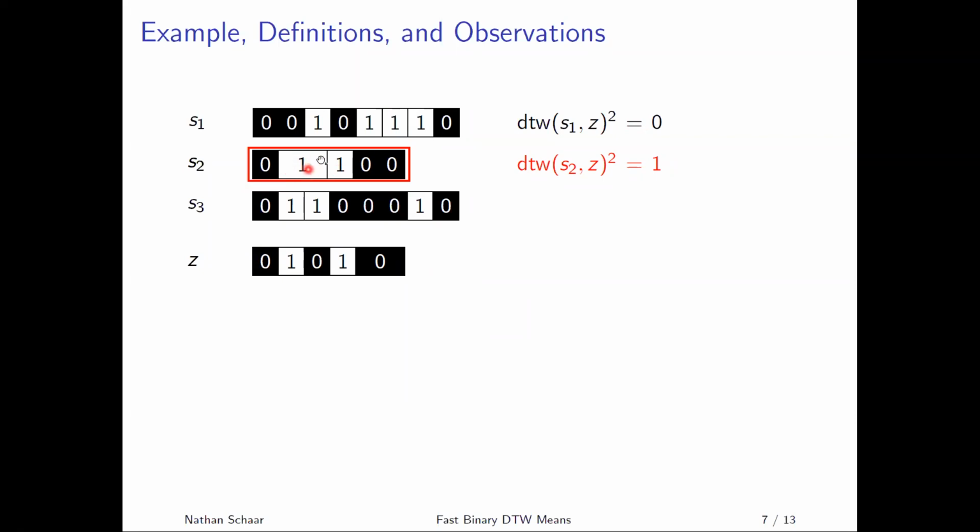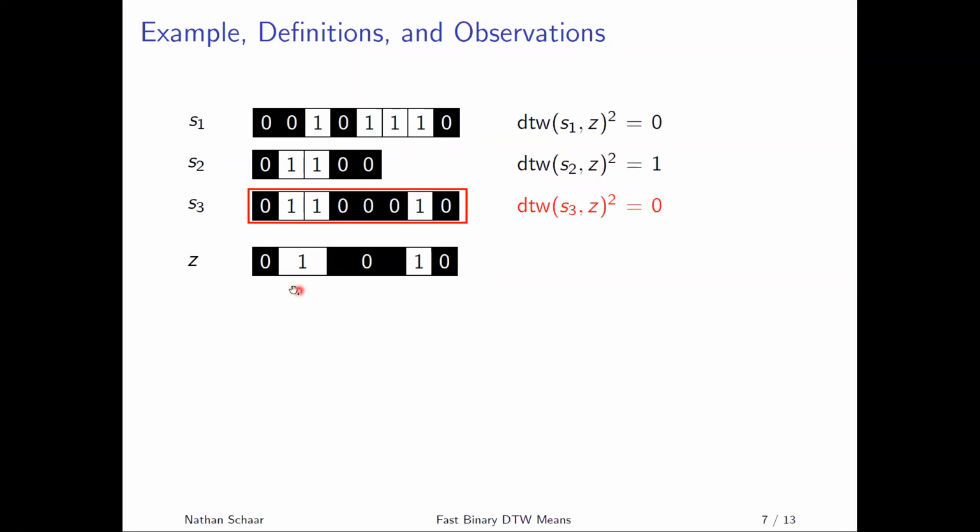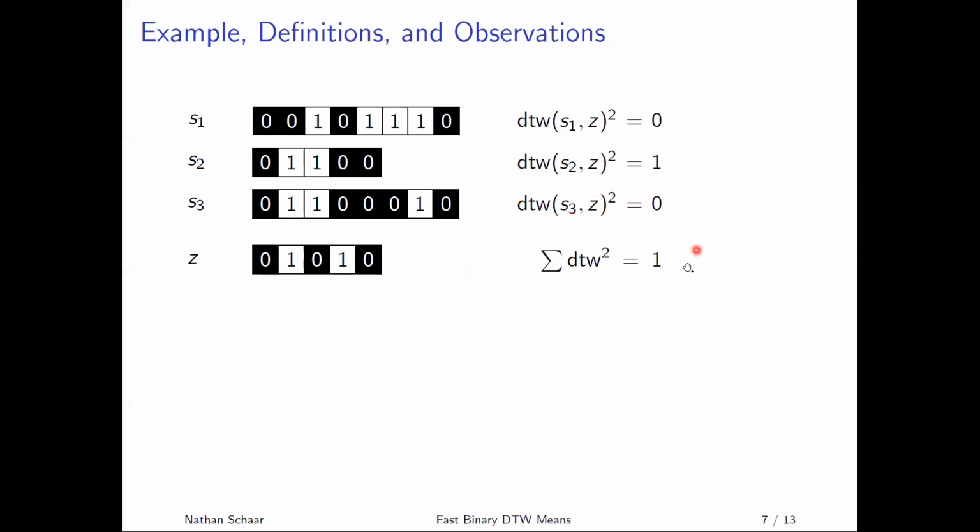So we have to, for example, align this 1 with the 0, and then we get the distance of 1. And for z and s3, we can again align the 1 and the 0 here perfectly. So we get the distance of 0. And so the total cost of this mean would be 1.